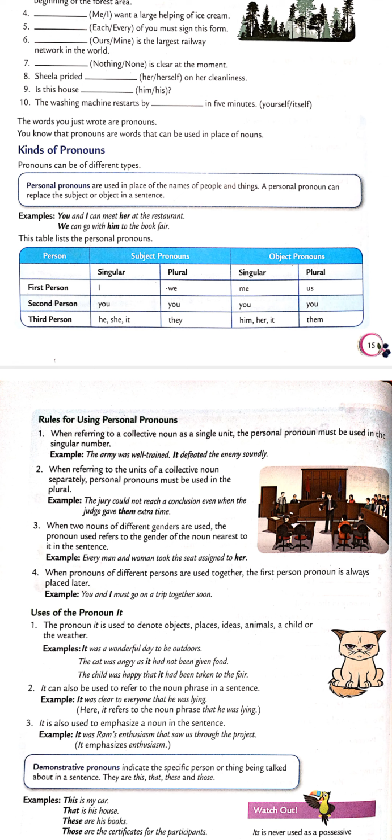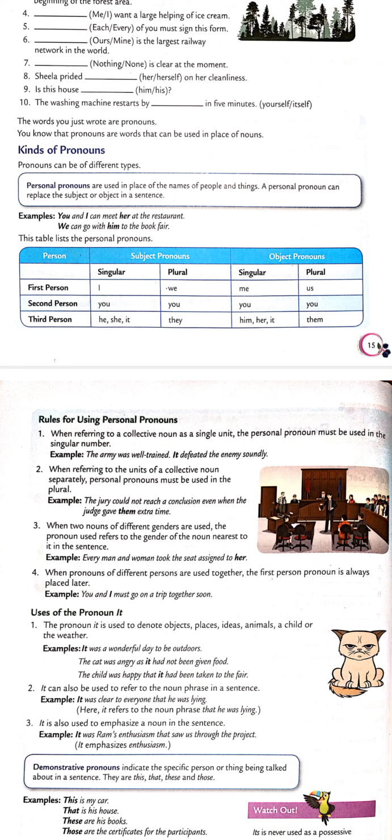When pronouns of different persons are used together, the first person pronoun is always placed later. So, different persons, that means first person, second person, or third person.